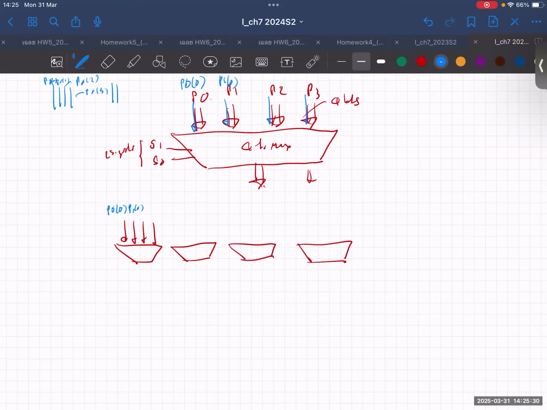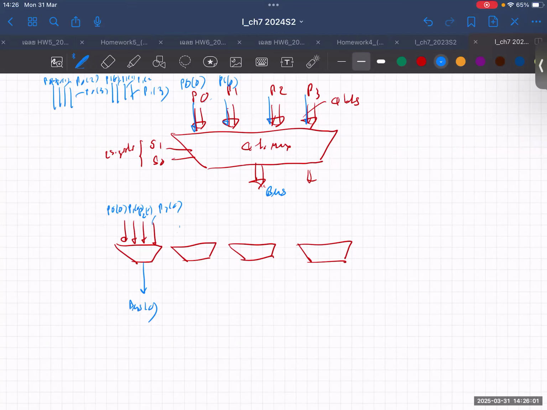This one also has 4 bits: P1 bit 0, P1 bit 1, P1 bit 2, and P1 bit 3. So what is the mux? The mux for P0 has to be multiplexed with bit 0. Only bit 0 is multiplexed together, right? So that's why you have these bit 0s, and they come out as, let's say this is the bus, bus 0.